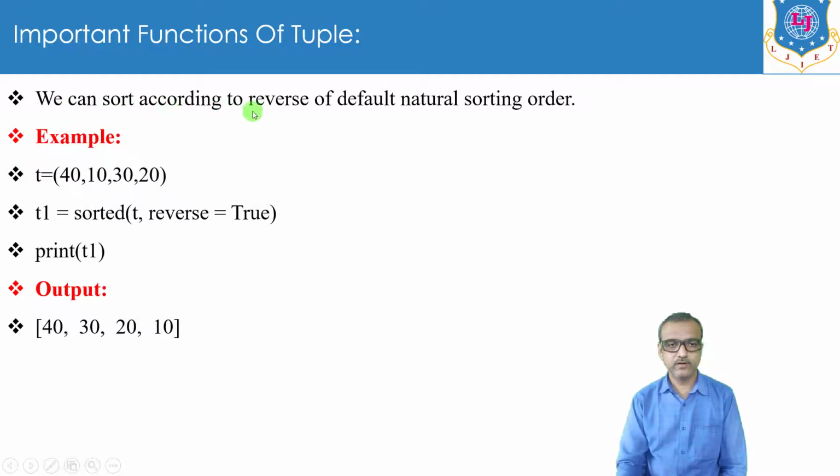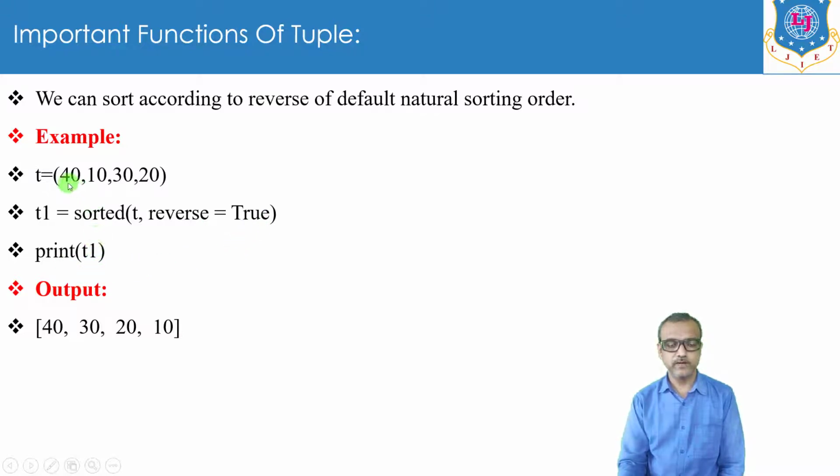We can sort according to the reverse of default natural sorting order also. For example, we have one tuple T, that is 40, 10, 30, 20. Now T1 equals sorted T, comma, reverse equals true. If we write reverse equals true, and then print of T1, so what will be the output?